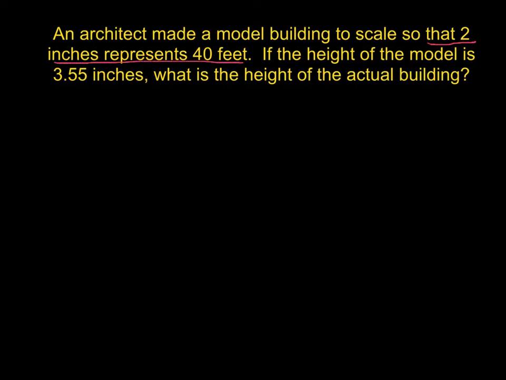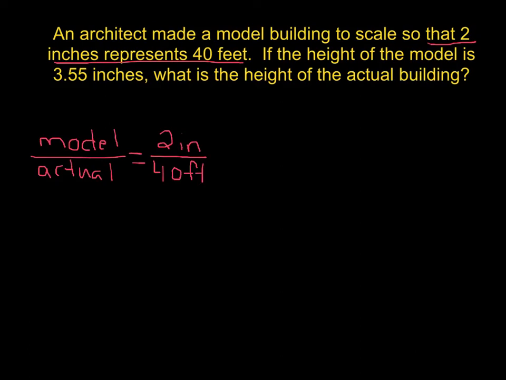So we're comparing the model and then actual. So what are we comparing? A model and then the actual building. And they gave us a scale that on the model 2 inches is equal to 40 feet.